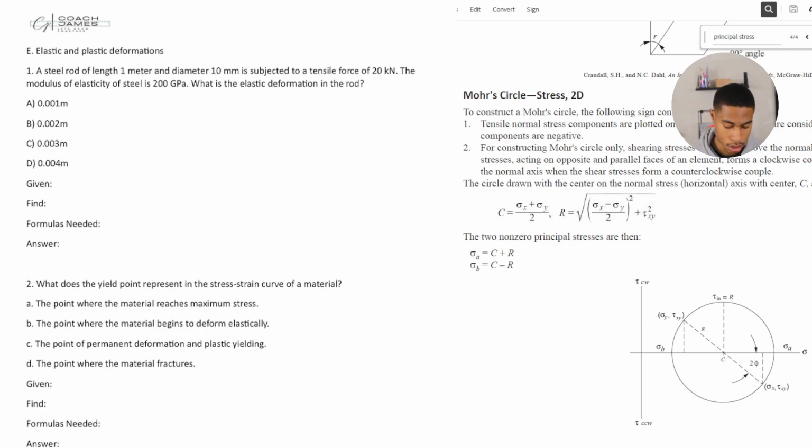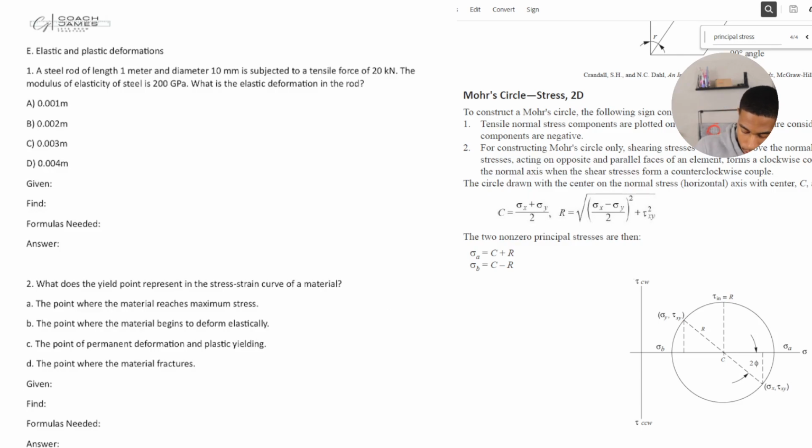All right. So number one says a steel rod of length 1 meter and diameter of 10 millimeters is subjected to a tensile force of 20 kilonewtons. The modulus of elasticity of steel is 200 gigapascals. What is the elastic deformation in the rod? Okay, so what information are we given?